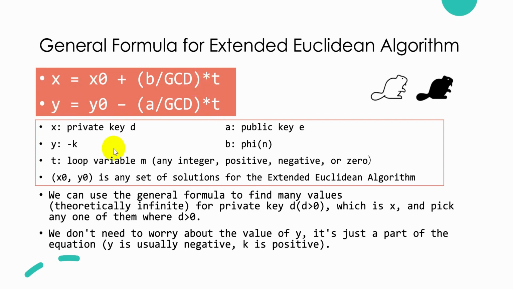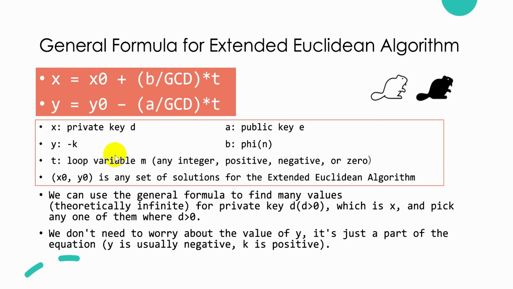And then x is the private key d, y is negative k, but negative k isn't really important in RSA, so we just need to note this. Also, a is the public key e, b is phi n. So when we're calculating, we put the public key e into a and phi n into b.